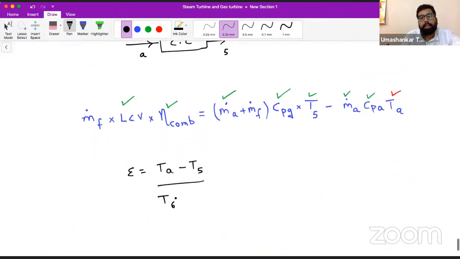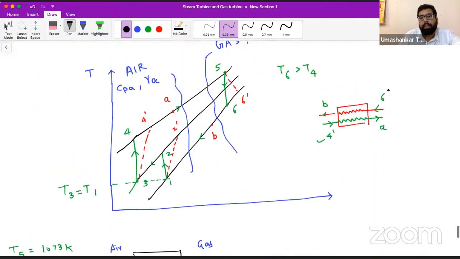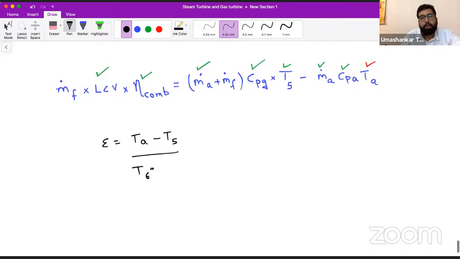Not T6, but T6 dash, because the entry to this is from T6 dash, as the isentropic efficiency of the turbine is also given. This 6 dash is the exit of the turbine, from where the exhaust gas goes into the regenerator. So you require T6 dash also.